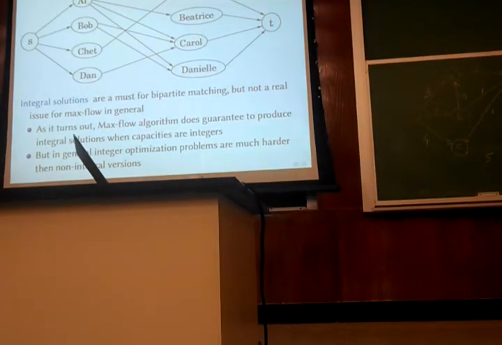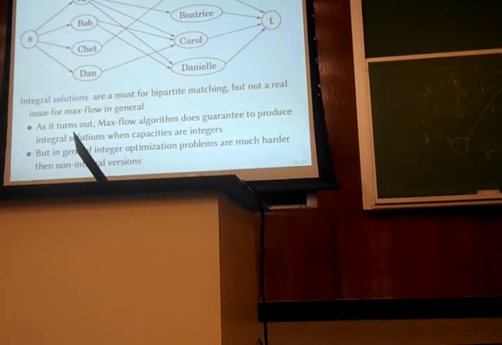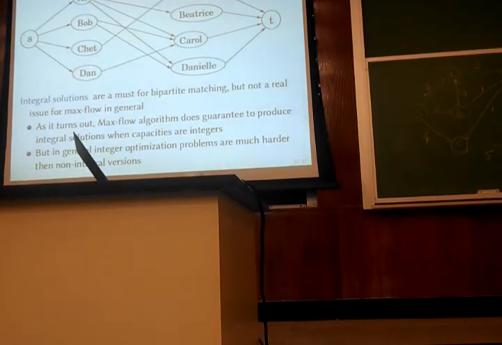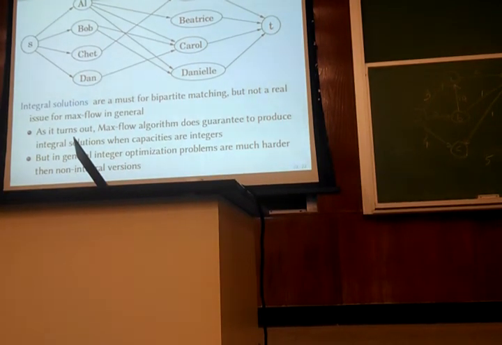Okay, so we can do a simple construction where we add a new source, which is sort of what we did for the bipartite graph problem. So we did that. The bipartite graph problem could actually have been thought of as a multiple sources, multiple sinks problem.